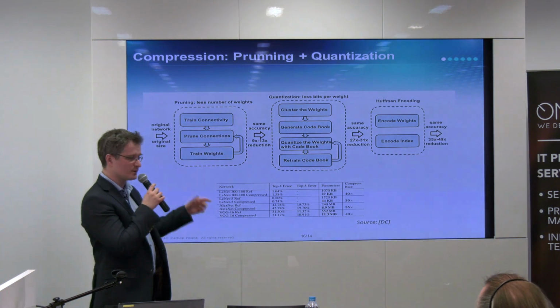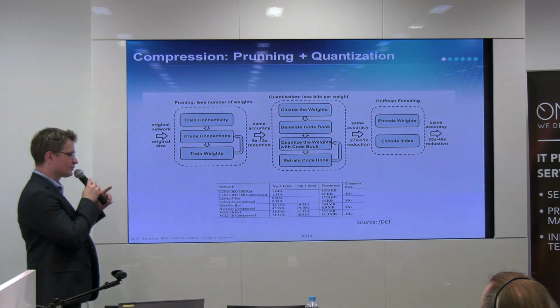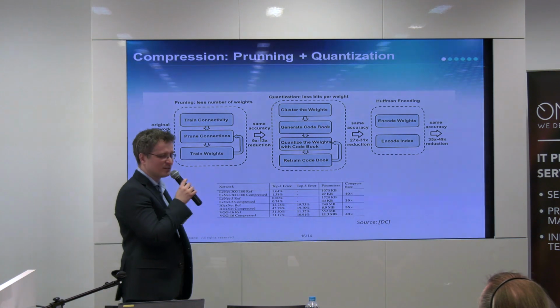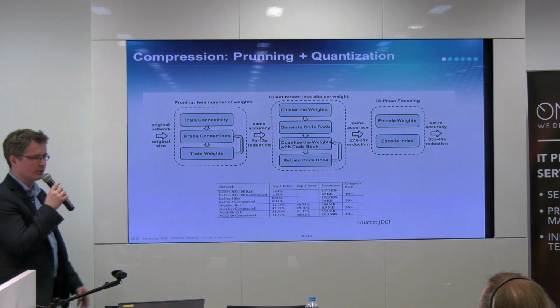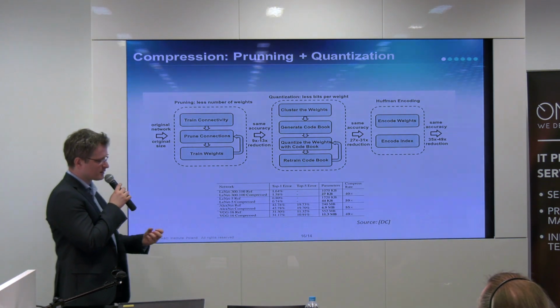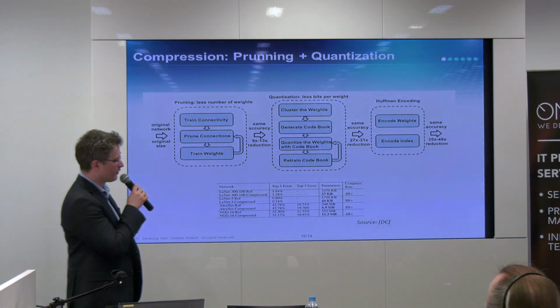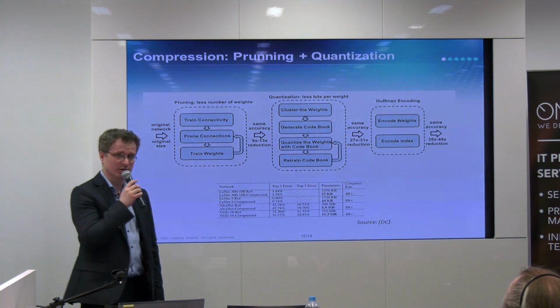They cluster the weights, generate the code book, and again train and retrain. At the end, they do something only for storage: they use Huffman coding to compress these neural networks, but only for storage. So they have a 35 to 49 times reduction in size.